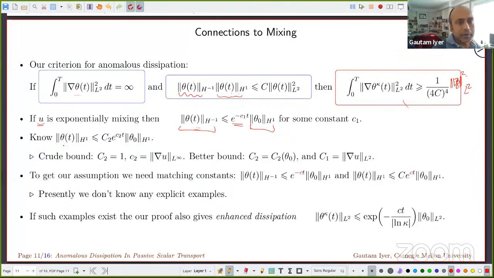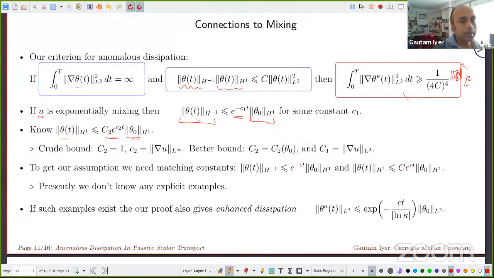So certainly I know that the H1 norm is bounded by some exponential times the initial H1 norm. The crudest bound would be to choose the prefactor to be 1, and the exponential growth rate to be the Lipschitz norm of the velocity field. Just Gronwall out and you get this exponential growth.